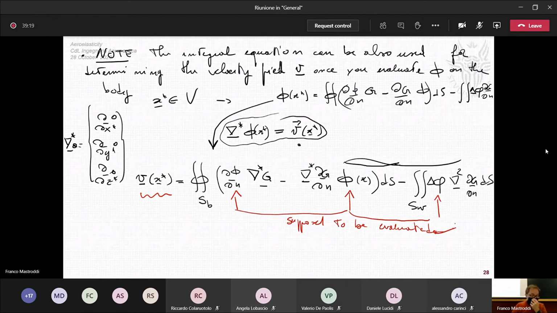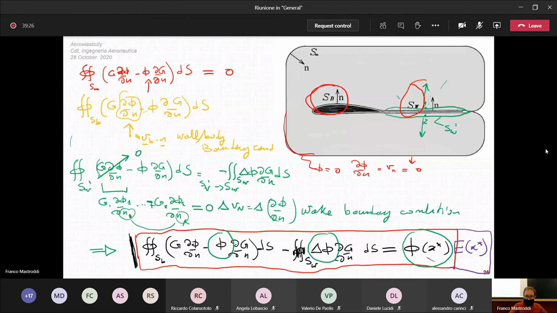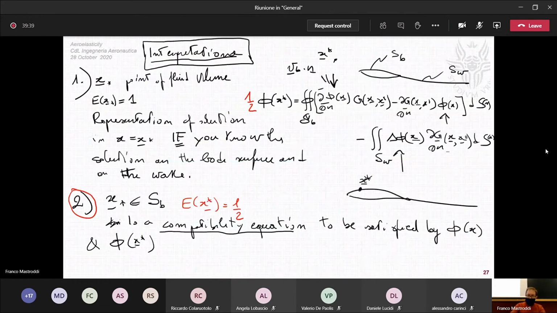Okay? Up to now, all this is very theoretical. I introduced this formulation. I have done a specific comment on this domain function, and I have obtained a couple of interpretations of this. This formula is able to represent the solution, is able to give a compatibility equation.